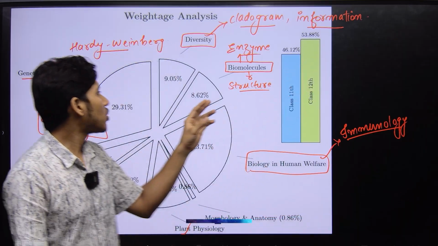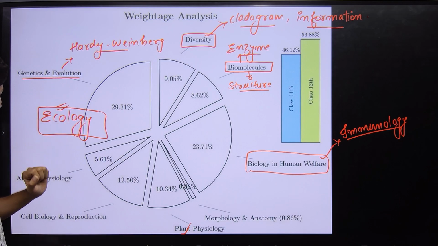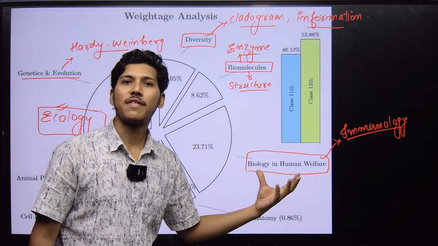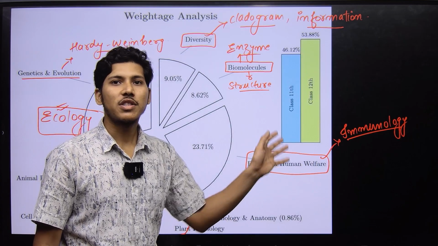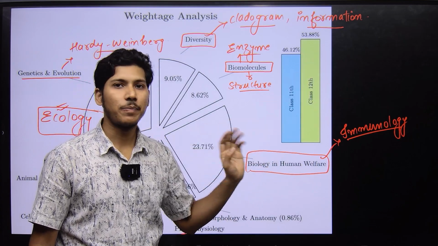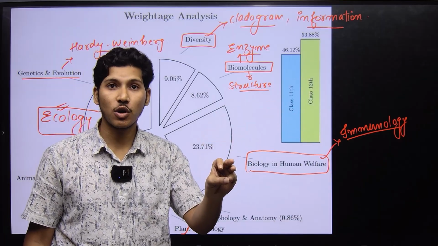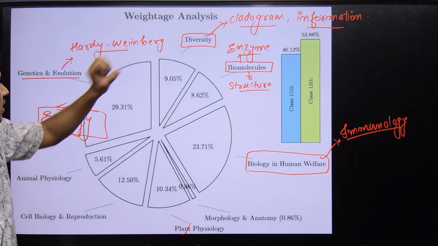So topics like genetics, evolution, ecology, and biology in human welfare are all chapters which belong to 12th standard. But 11th class also has some chapters which are very important, like plant physiology, diversity, cell biology, biomolecules.